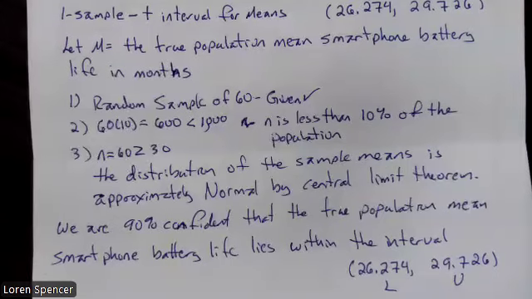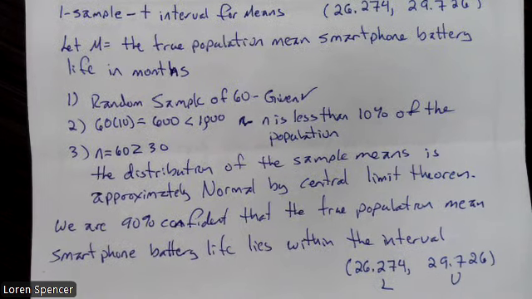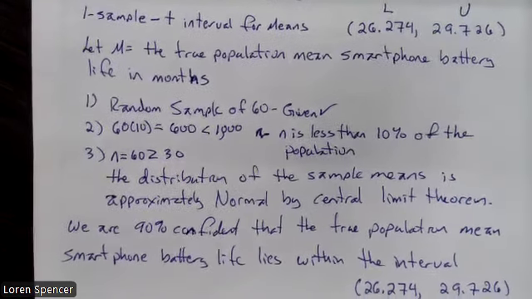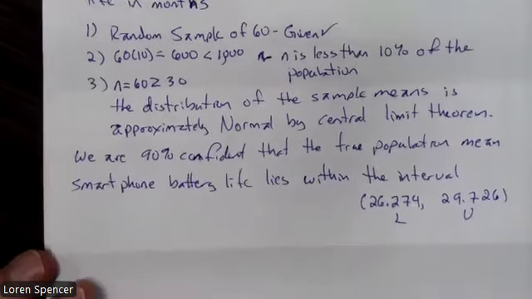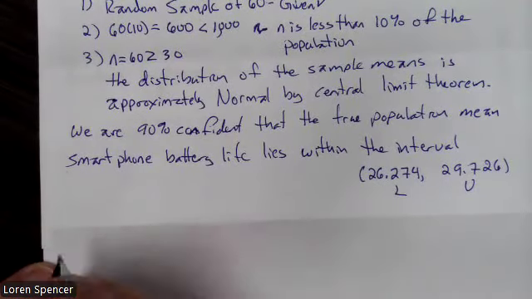And then finally, they didn't ask for it, and since they didn't ask for it, we don't have to do it, but we're going to do it because when we go into AP Stats practice, we need to give the meaning of the confidence level.